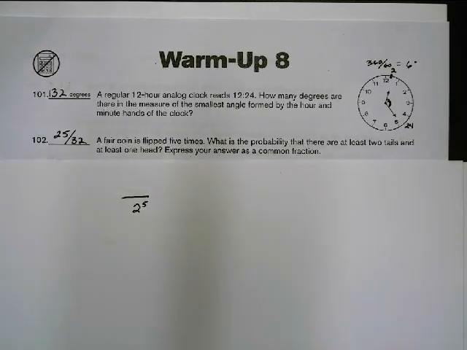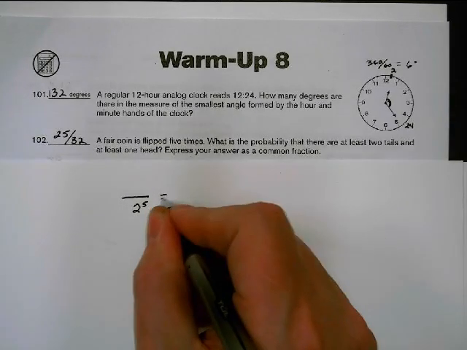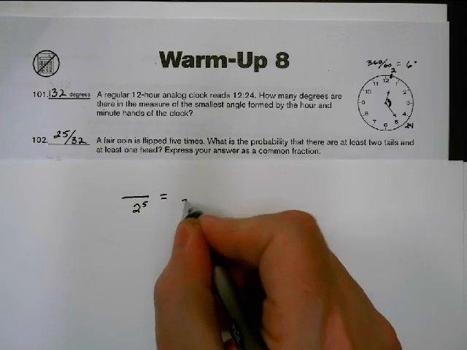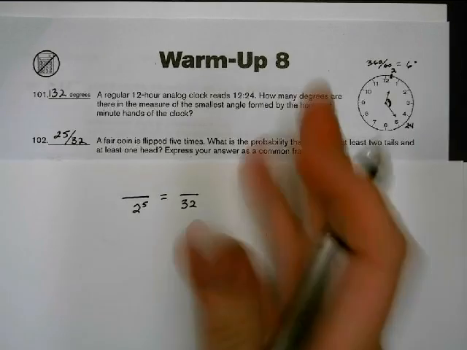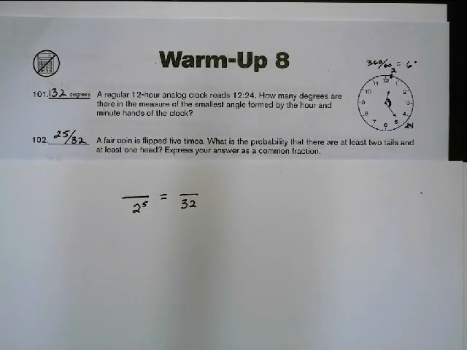So we know that the total possibilities is going to be 32 possibilities, because you can either do heads or tails 5 different times. So basically 2 times 2 times 2 times 2 times 2.